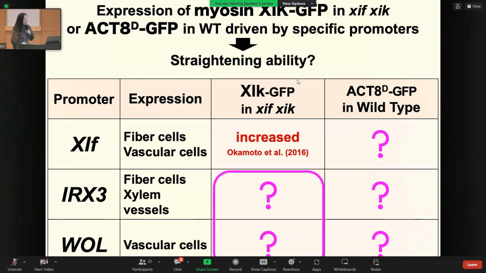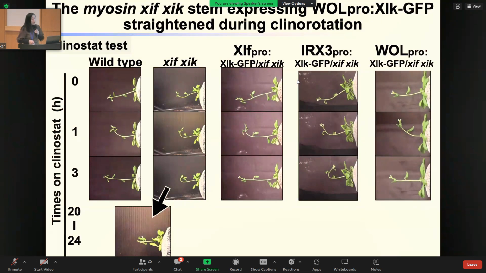First, we show the results of a rescue experiment of the myosin mutant. As you saw earlier, the 11FKW mutant stem continued to bend during clino rotation.